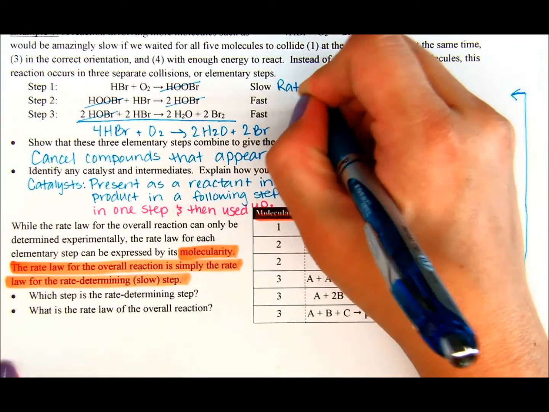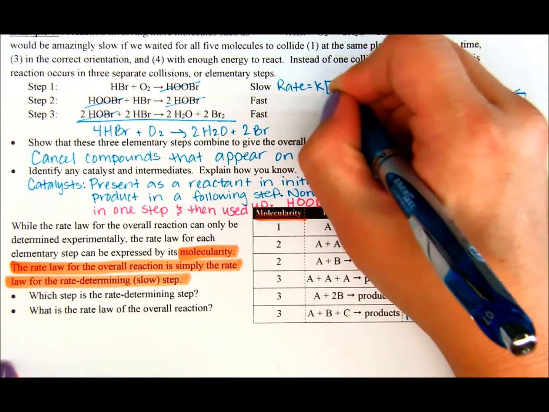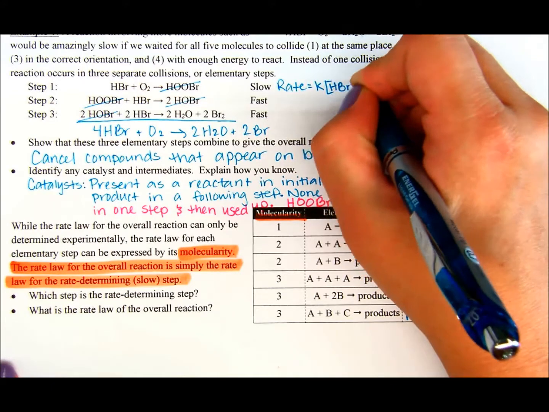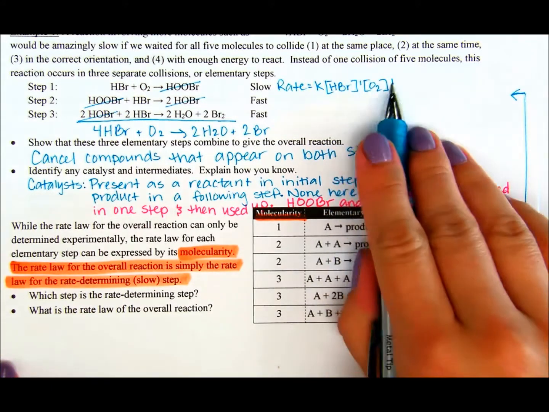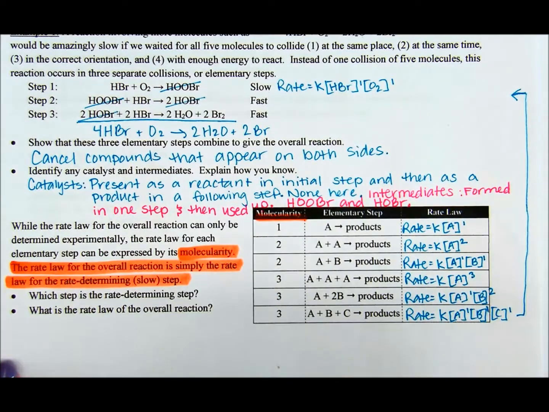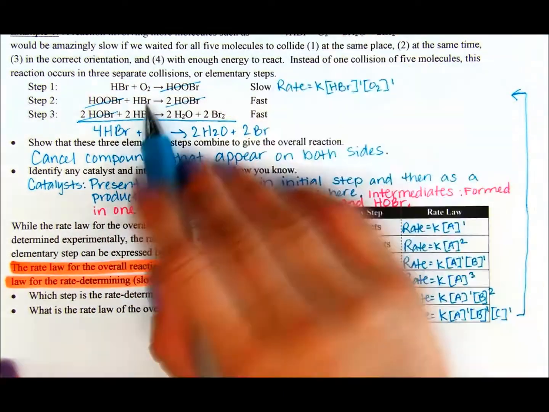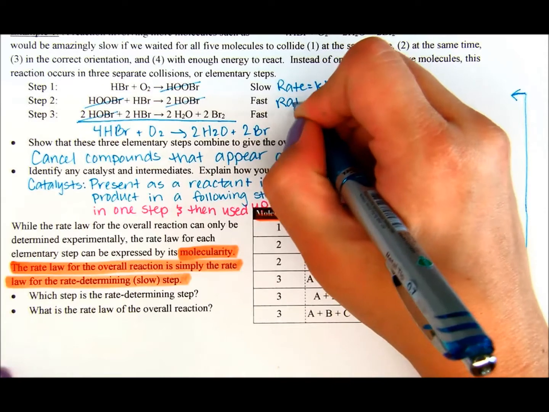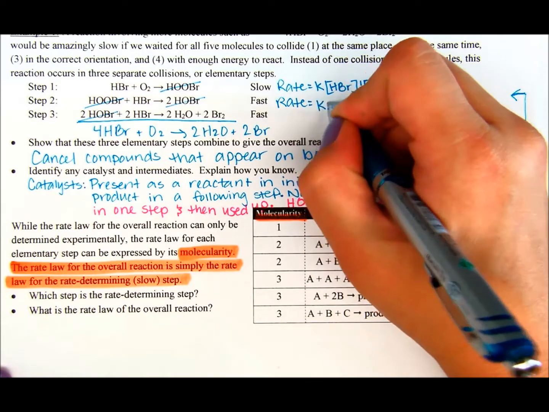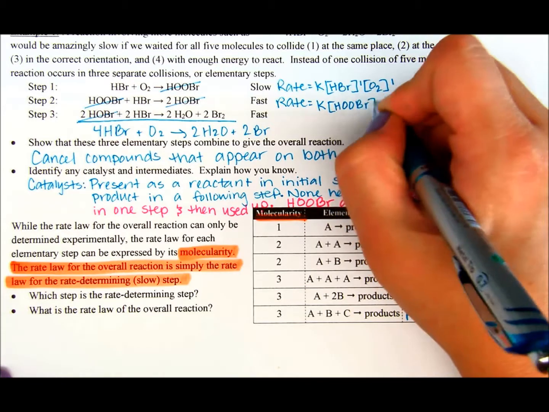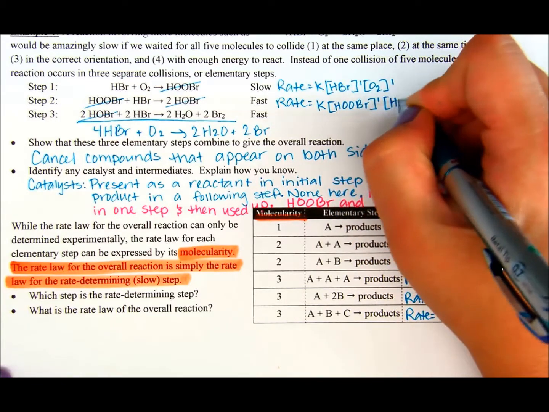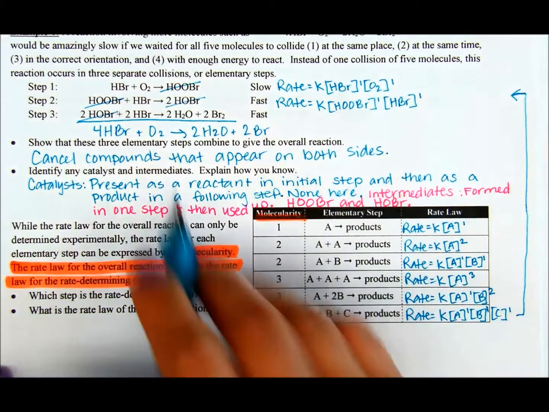So rate equals k times HBr to the first, O2 to the first. So adds up to 2. The molecularity is 2. Okay, next one, molecularity is 2 again. We have two separate things, so k times HOOBr to the first, HBr to the first.